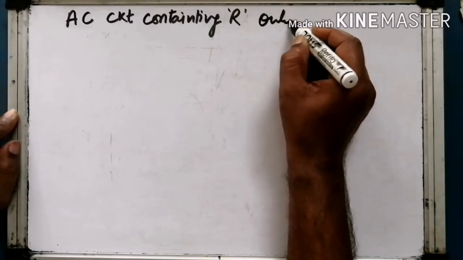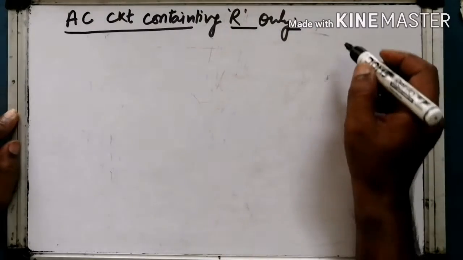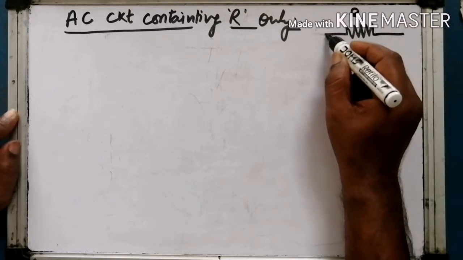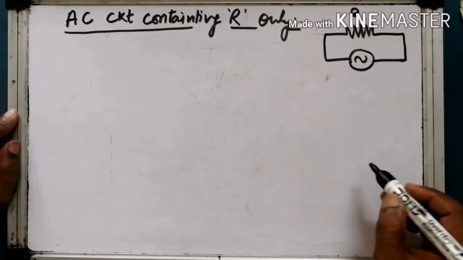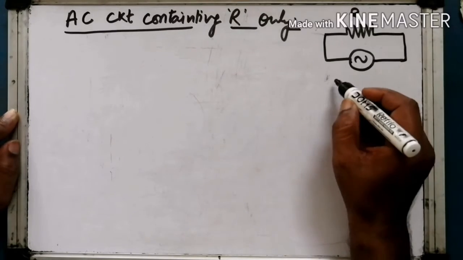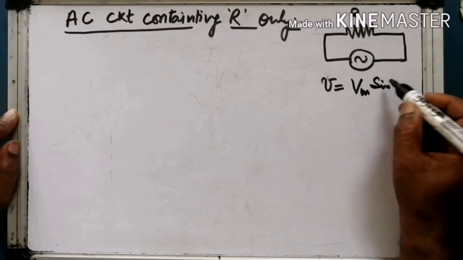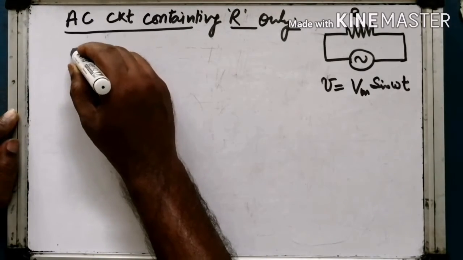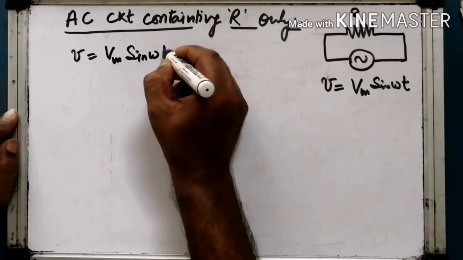First of all, the circuit. This one is a resistance which is connected across the AC source, right? What is the equation? That is V equal to V maximum sin omega t.